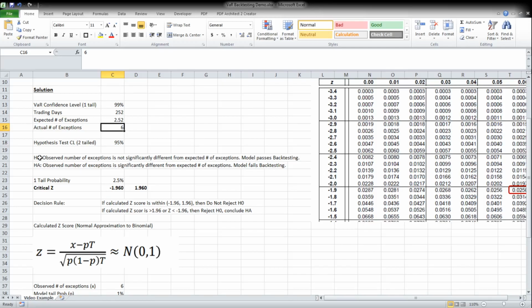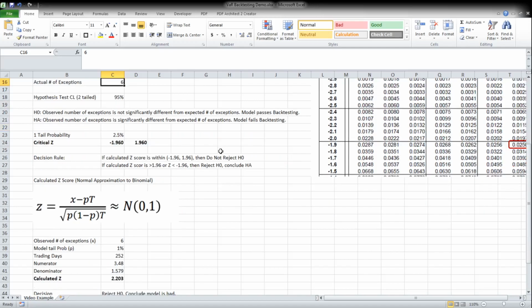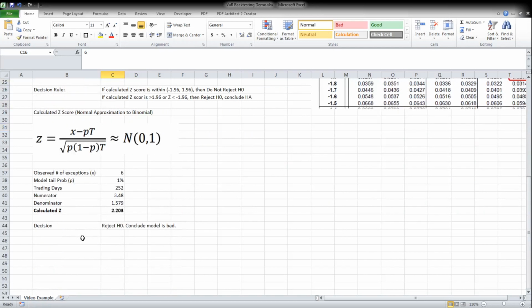Given that H naught is true, what is the probability of observing a number as extreme as this? The p-value will help us answer that question. So the observed tail probability is the probability of observing a value as extreme as 2.2, given that our null hypothesis is true.